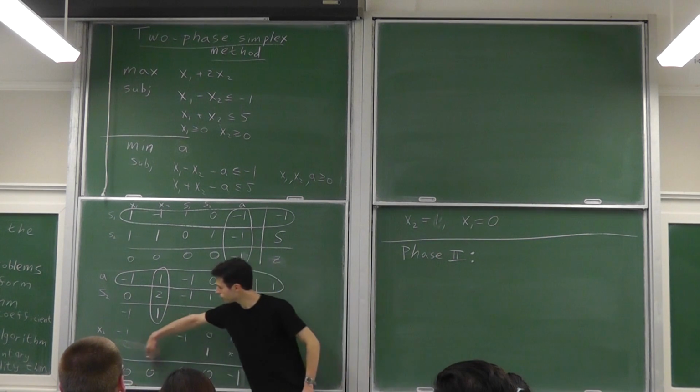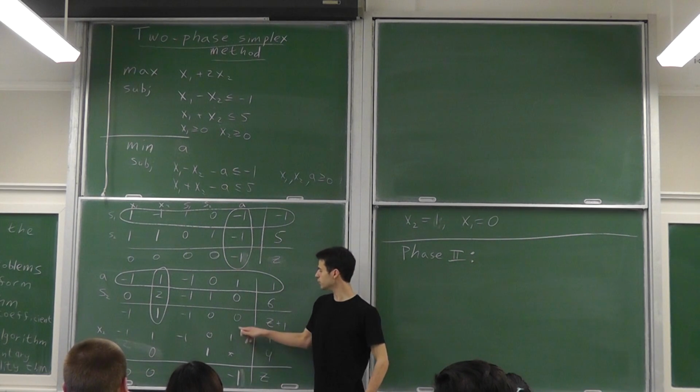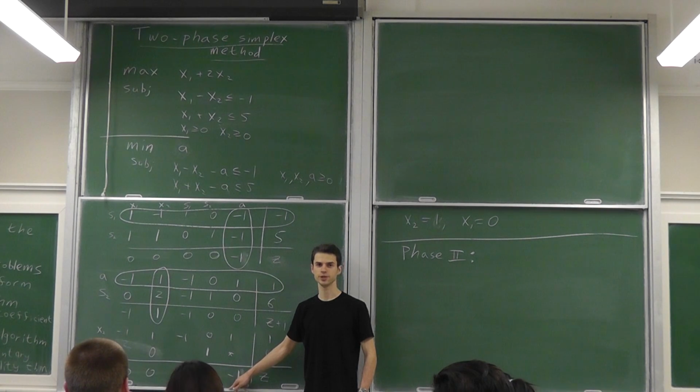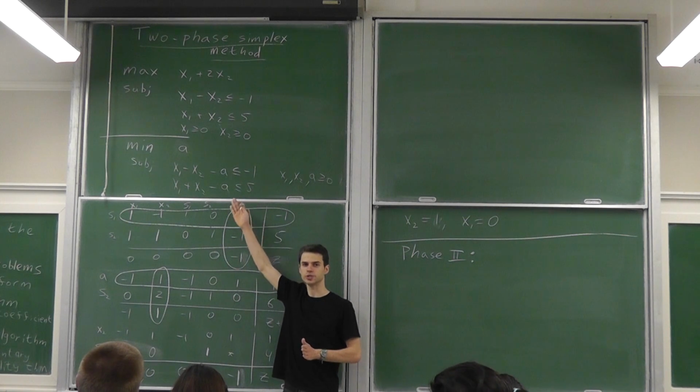You also know that A became non-basic. That's very important. It means it is equal to 0, and now you can disregard it. In my original problem, that's what I wanted. I wanted to take A equal to 0.